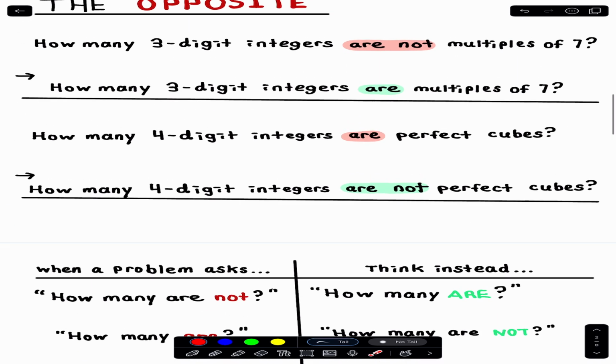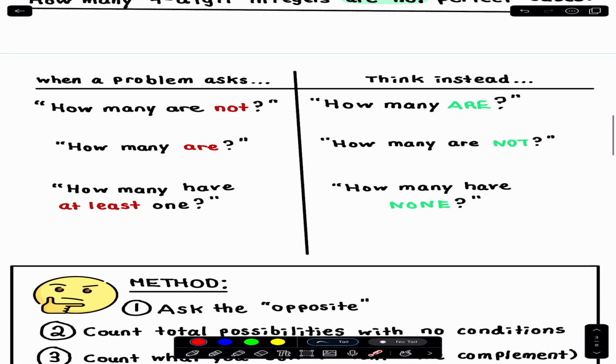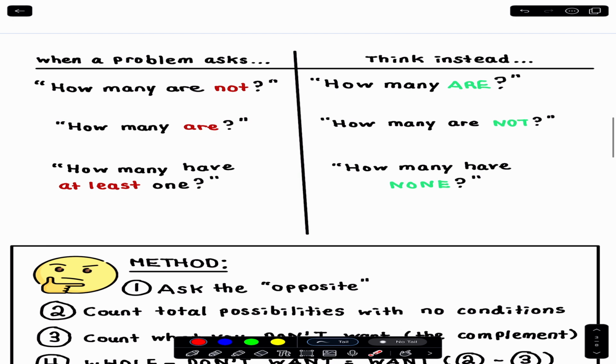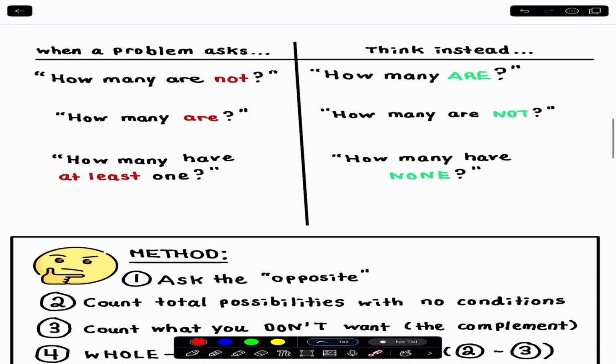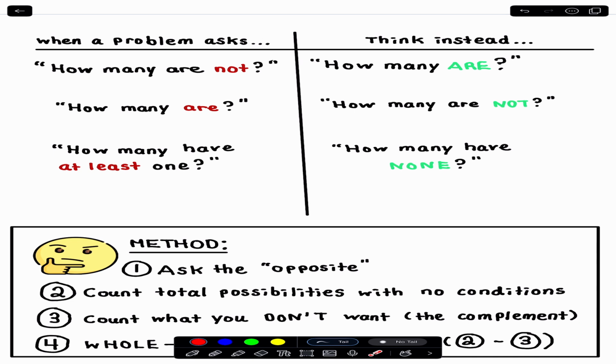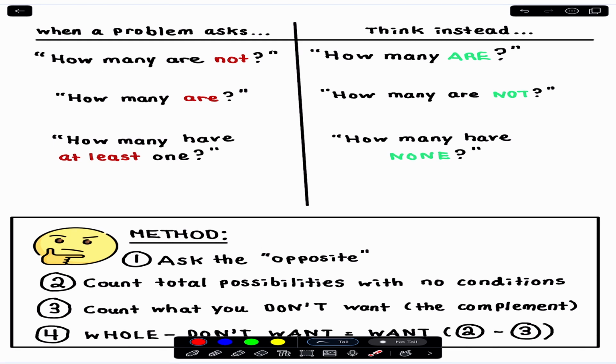As we saw just above, that's how we change the original question from this to this. If you are asked "how many are," I want you to ask "how many are not." And the opposite of "how many have at least one" would be a phrase that goes something like "how many have none."